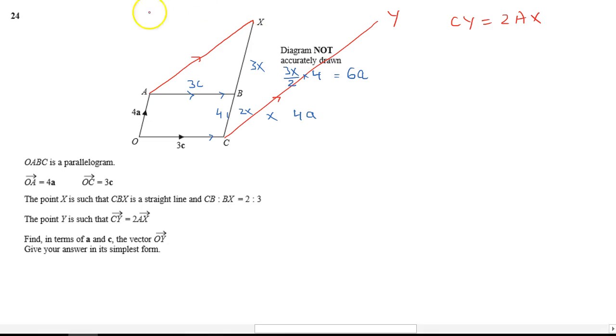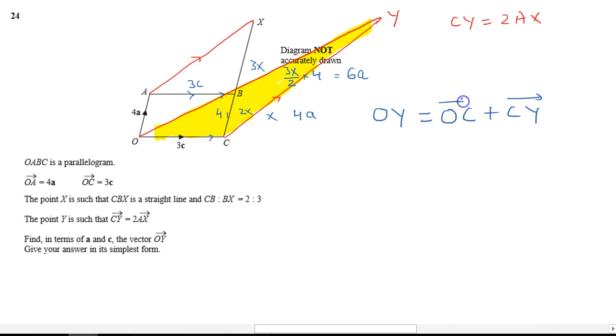This point is Y. We have to calculate OY. So OY is equal to OC plus CY. So that's equal to OC.